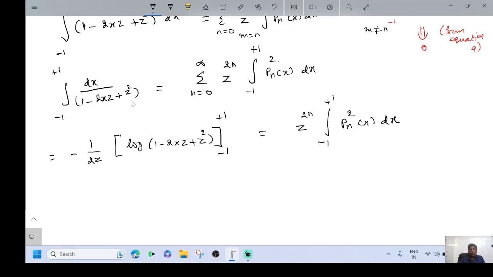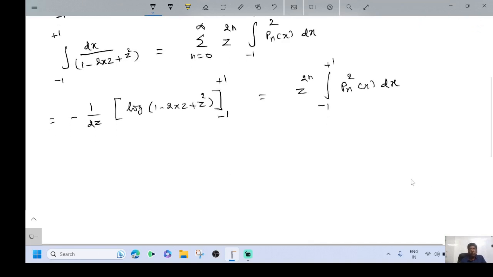The differentiation of this denominator is equal to the numerator, because minus 2z is a constant you have taken out. If you differentiate x, you can get the numerator dx. Therefore, the integral of this quantity is minus 1 divided by 2z into log of this denominator.